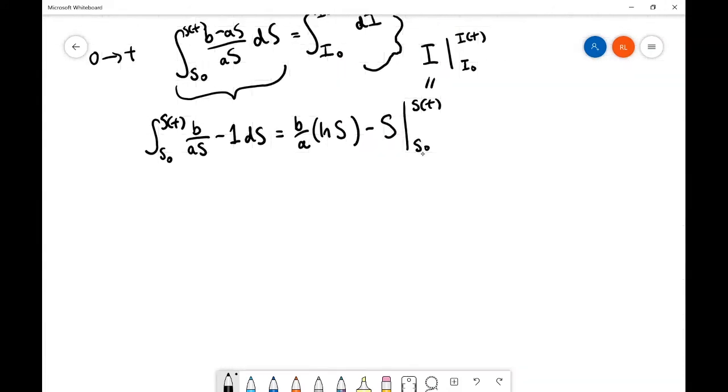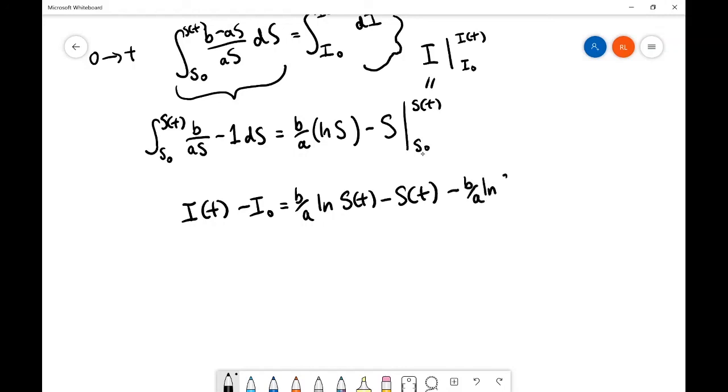So setting these equal to each other, we get that I(t) minus I_0 is equal to, if we just substitute everything in, b over a natural log S(t) minus S(t) minus b over a natural log S_0 plus S_0.